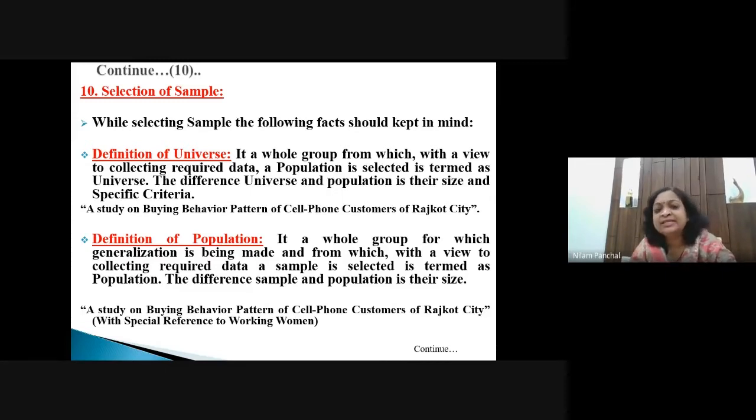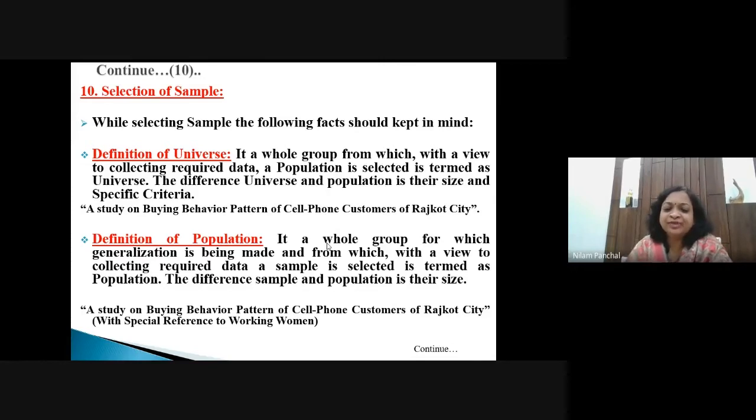So when you're saying definition of the population, it is a whole group for which the generalization is being made and from which, with a view to collecting required data, a sample is selected. It is termed as a population. So the difference between sample and population is their size. Take the study on the buying behavior pattern of cell phone customers of Rajkot city.